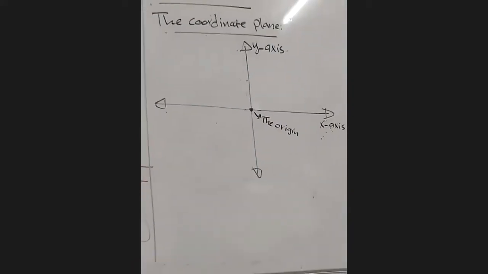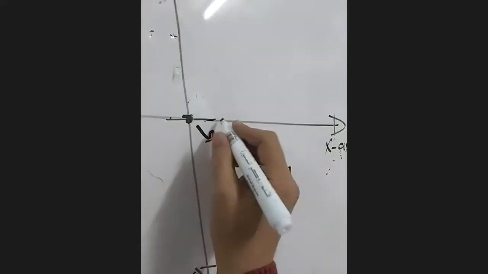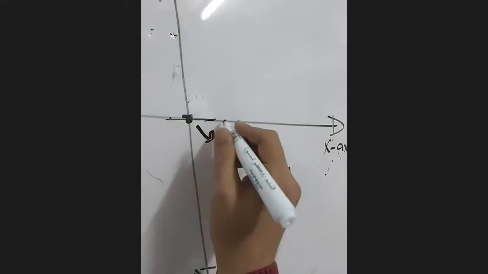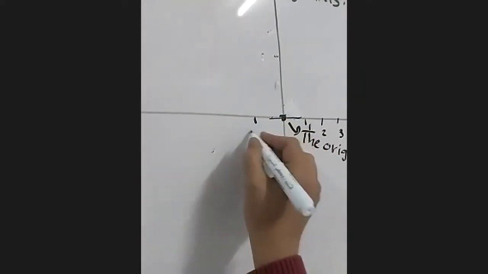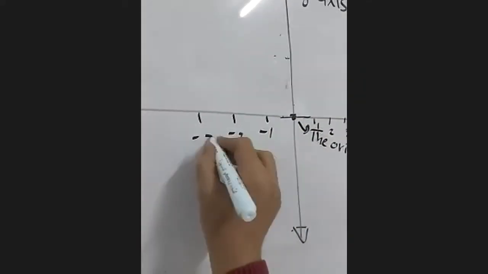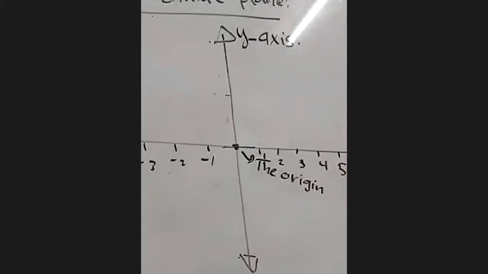Okay. Now, on this side of the x-axis, we have positive numbers like 1, 2, 3, 4, 5, and go on. And here we have negative numbers, but I think you didn't take negative numbers yet. But just for you to know, this is -1, -2, -3, -4. We will not use it in this lesson, but we will use it later.